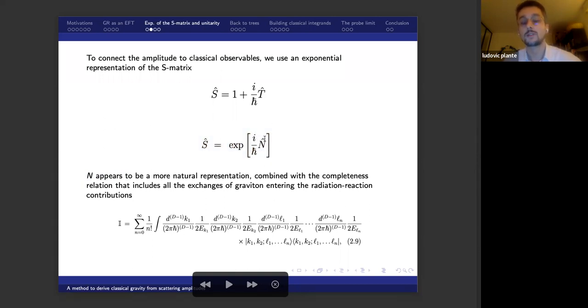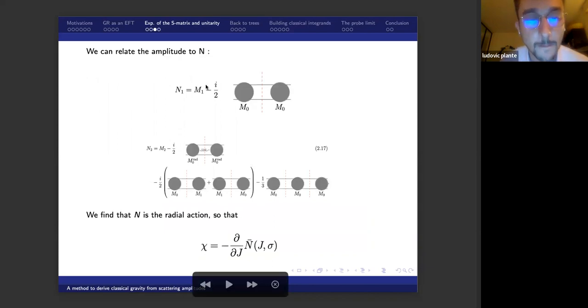So when you are considering states, you have to insert between your N the complete set of states and sandwich the N between the states. Just to show what it looks like, you can look at a few examples.